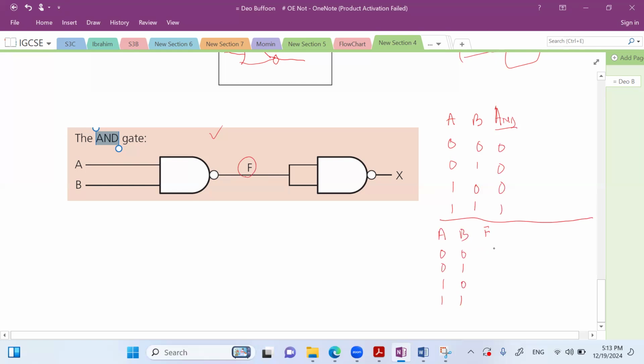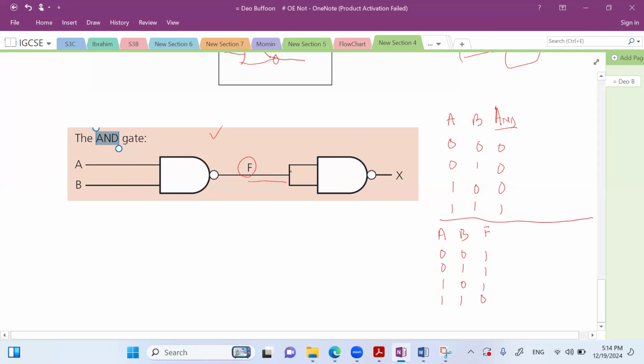The NAND gate behavior: 00 will produce 1, 1, 1, and 0. Is this correct? Have I done it correctly? Now, what is happening over here?